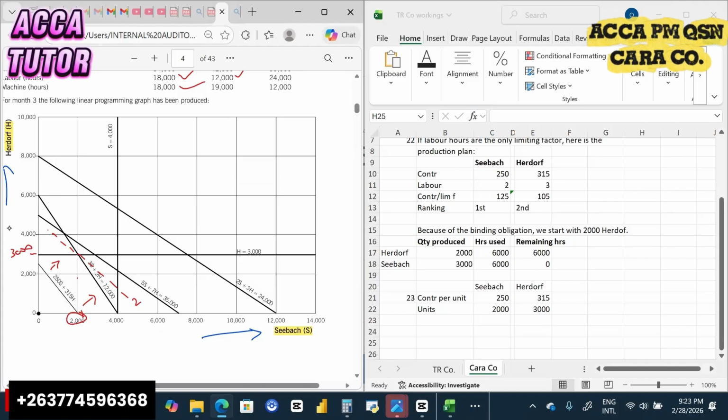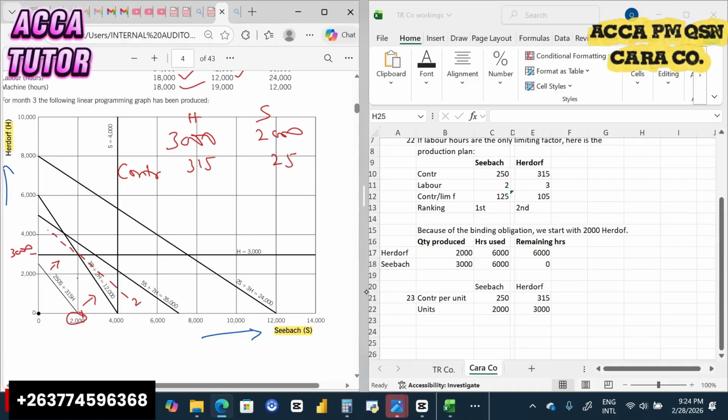So if we are having 3,000 head-offs and 2,000 C batches, the contribution per unit for head-offs was 315, and for C batch, the contribution per unit was 250.